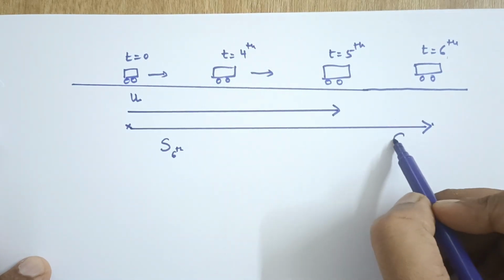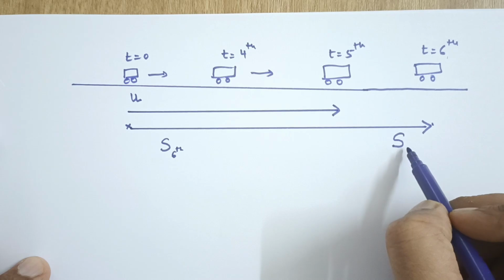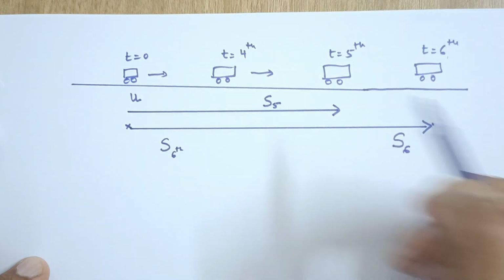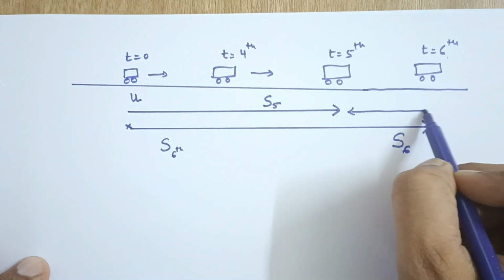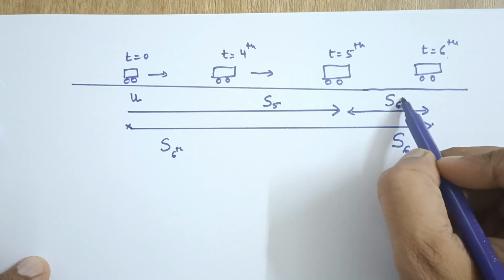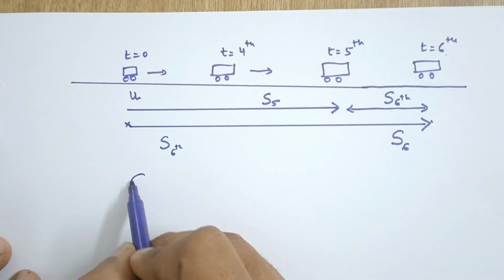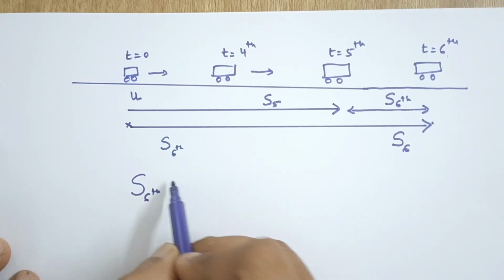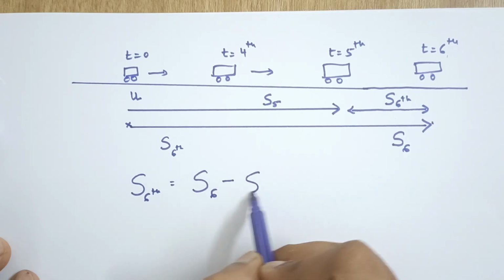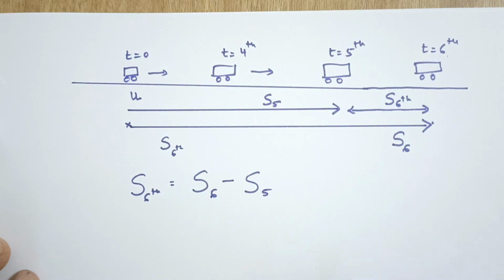So this is the distance traveled in 6 seconds, this is the distance traveled in 5 seconds, and this gap is the distance traveled by the car in the 6th second. Distance traveled by the car in the 6th second is distance traveled in 6 seconds minus distance traveled in 5 seconds.